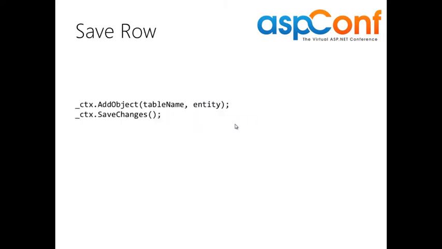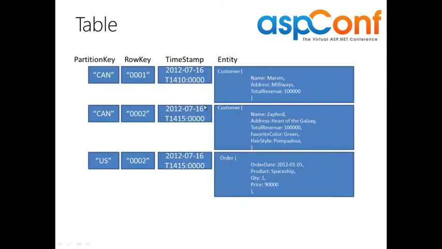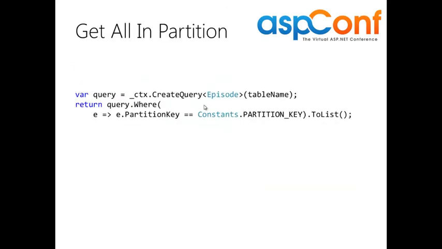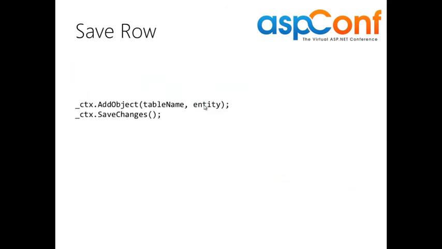We can also use the context to save a row by using the context AddObject and passing in an entity, and this entity is derived from this element here, the TableServiceEntity. And then we have to call the context SaveChanges.